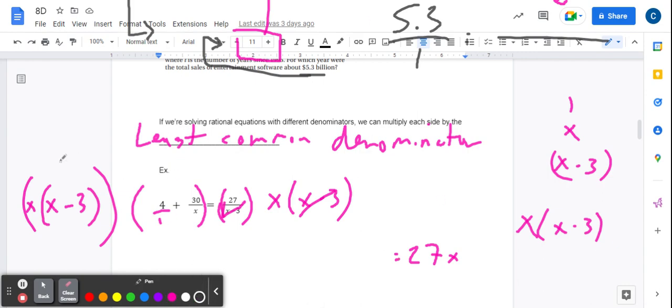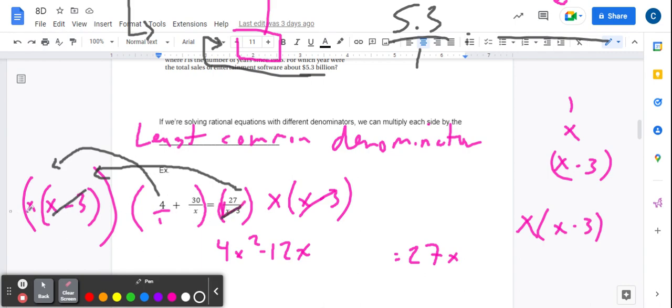Over here, we've got to distribute it through both. So we have 4 times x minus 3. So that's going to give us 4x squared minus 12x. And we also have to distribute this 27 over x minus 3. The x minus 3's cancel out, and we're left with plus 27x.